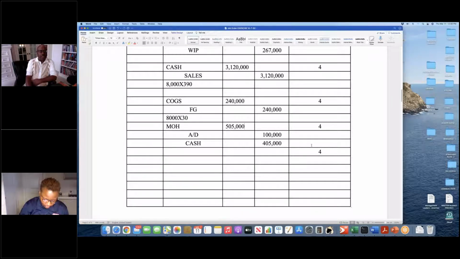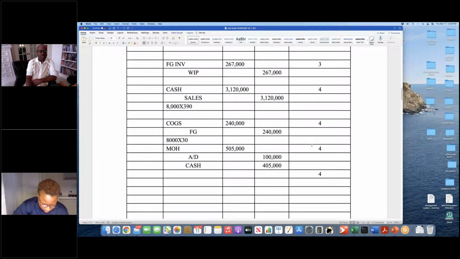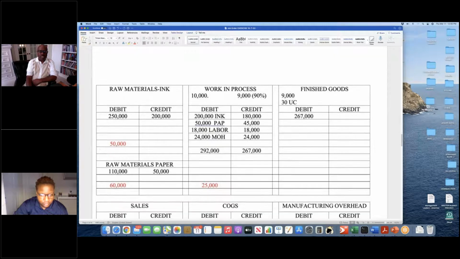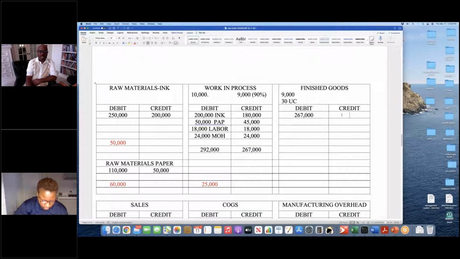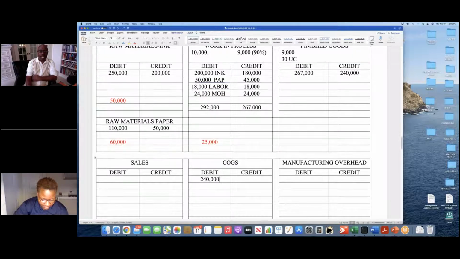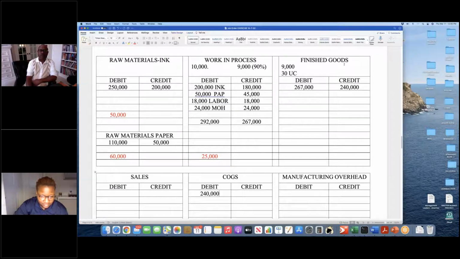Okay, so let's do some posting. We credited this account for 240,000, right? And what did we debit? Cost of goods sold, right? So 8,000.